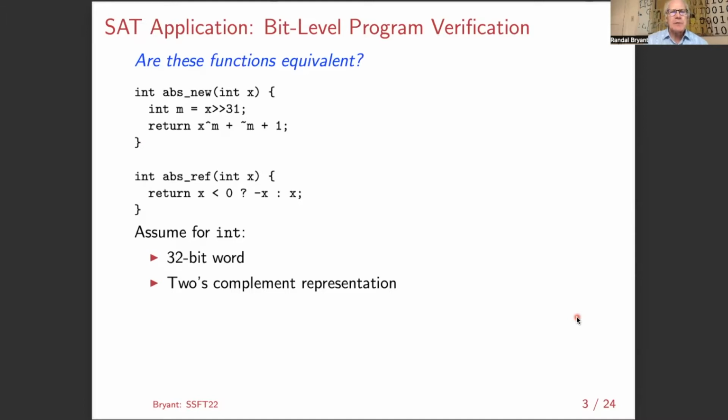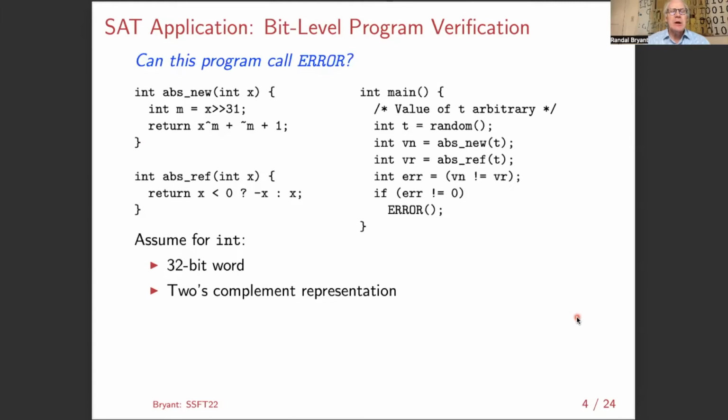Well, we could set up a testing framework where we generate an arbitrary value t, and we evaluate our new function abs new and our reference function abs ref, and say if it produces different results, then we'll flag that as an error. And now the question becomes, can an error occur? Or in particular, can you show me that an error will never occur?